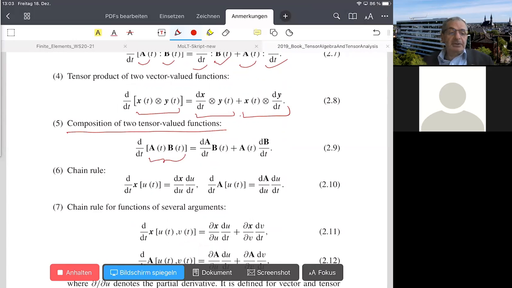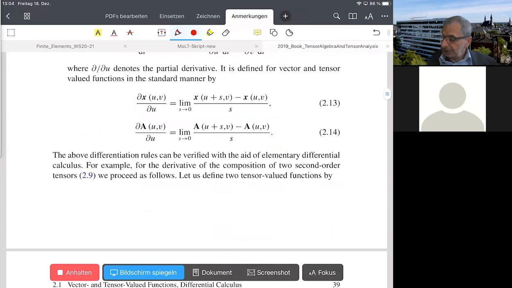Both of them can be functions of variable t. And in this case, again, a similar product rule is valid, namely, we have here dA dt composed with B at t plus A at t composed with the derivative dB dt, right? And this rule we will prove, I suppose, with you.